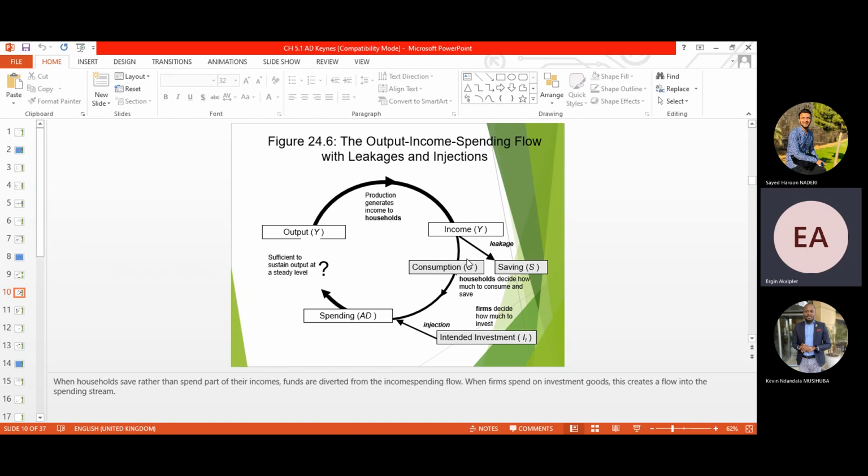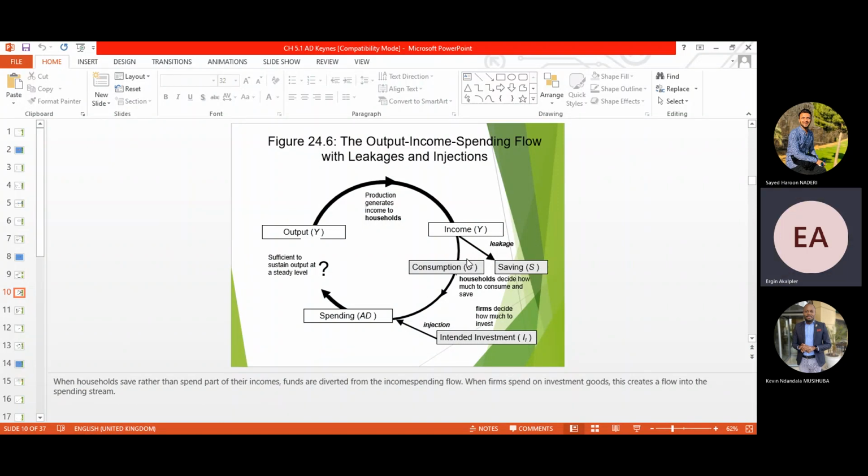Again, here it is given the output, the production, which generates income to the households, because we are also households, the factors of production holders. They are holding in their hands their land, their capital, because they are the savers in the economy, and also the labor. They have the power, the employment capacity for producing some goods and services.